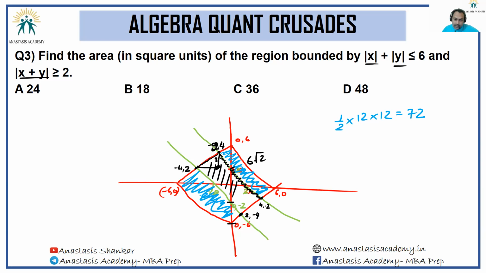This is height 2. This is base 2. So this should be 2 root 2. This should be 2 root 2. So for my rectangle, the middle rectangle that is getting created, the sides are 6 root 2 into 2 root 2. This will give me the area of this middle black portion. This is equal to 24. So 72 minus 24. Answer will be 48.